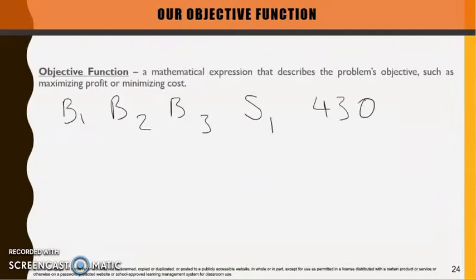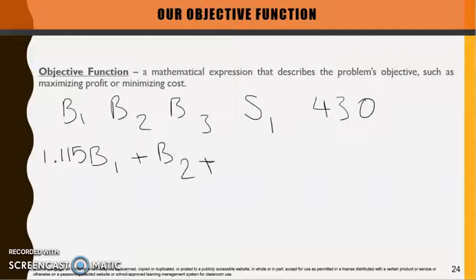That we are going to convert to K measure. So it would be 1.15 B1, because everything is in K measure. What about the price of B2? The price of B2 is $1,000, so it would be B2.